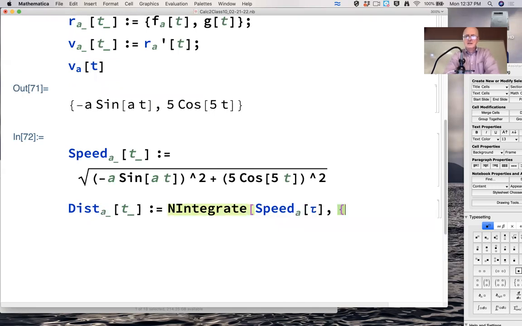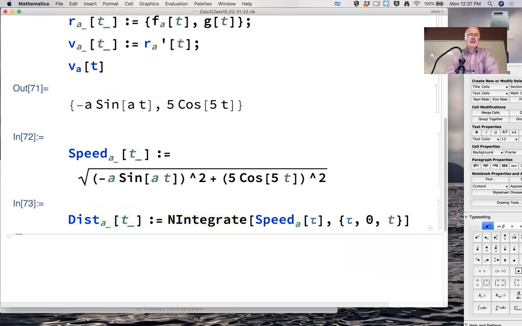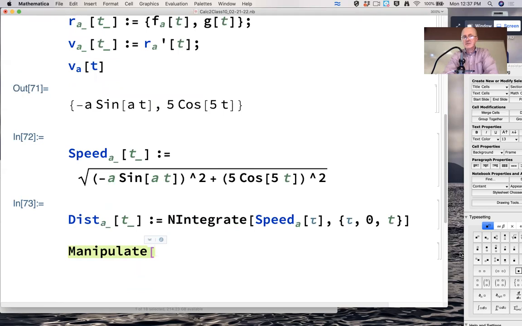Tau in here. Tau goes from 0 to t. Everything's set up now that I should be able to make graphs that can change as I change A. I could also change time as well. I showed you that before. But let's focus on just what happens as A changes.